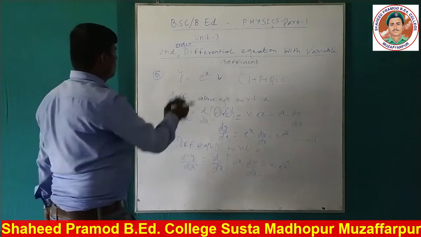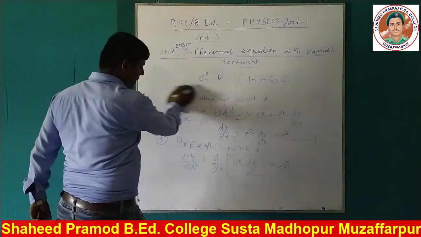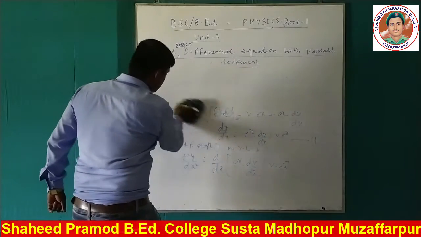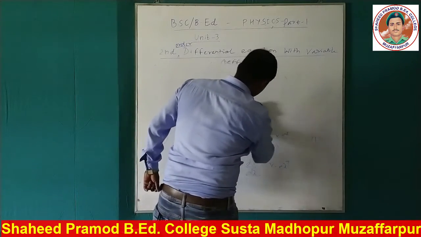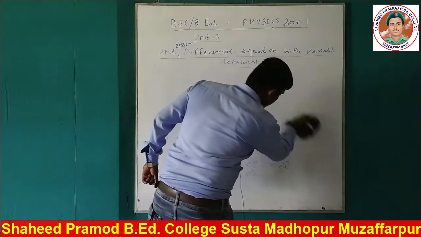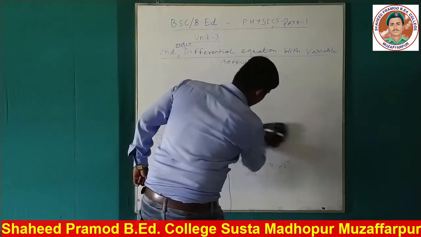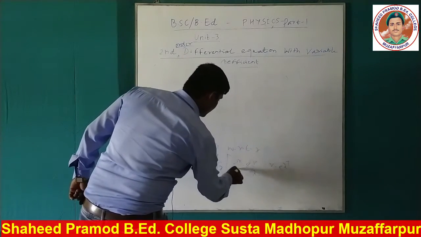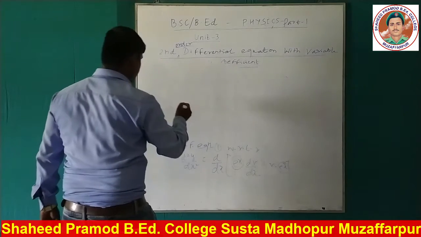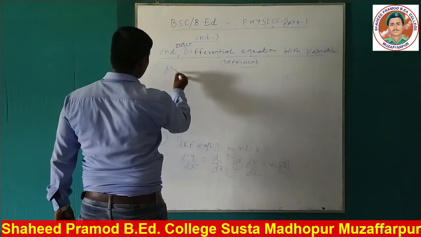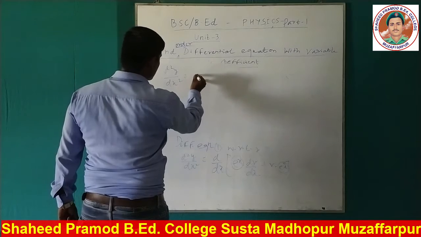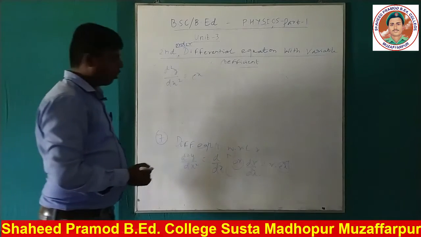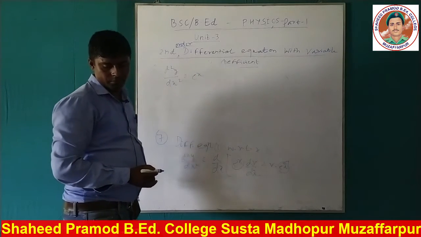Okay, now in the seventh step itself you have to solve it more, then you will get some reduced form. So in this equation e^x is common, so take it aside. d2y upon dx square is equal to e^x as common.